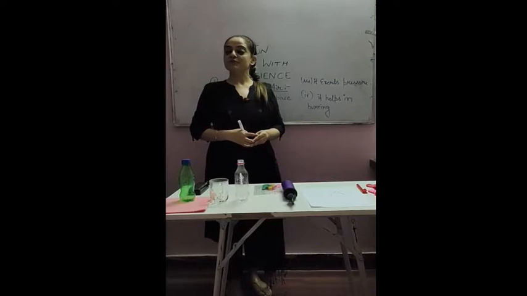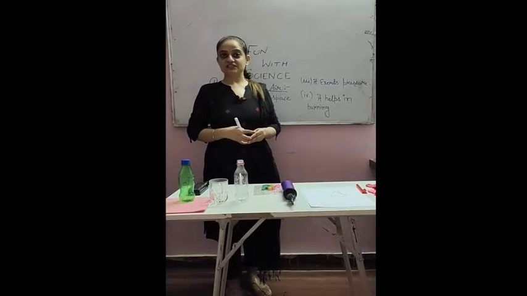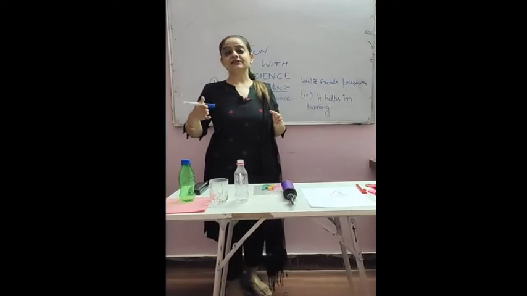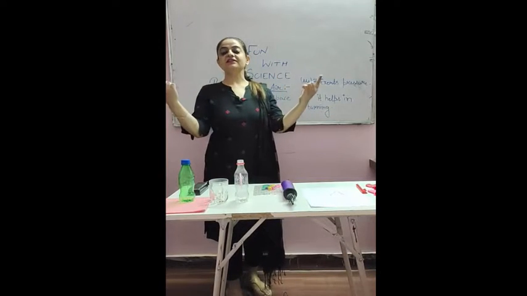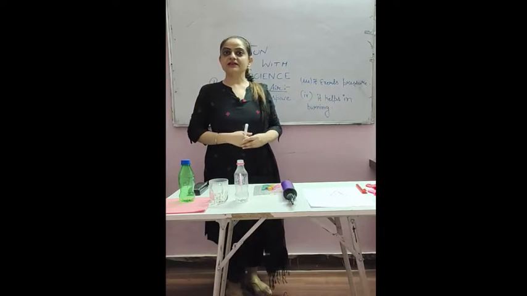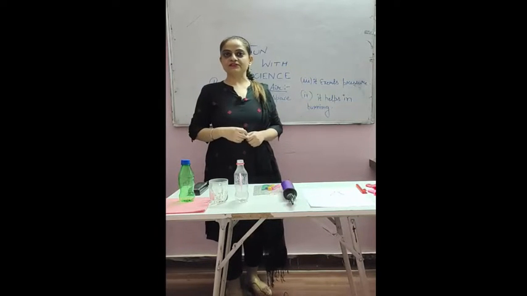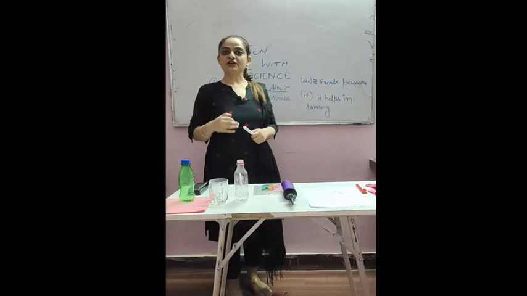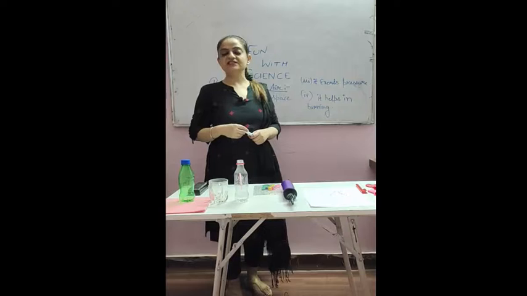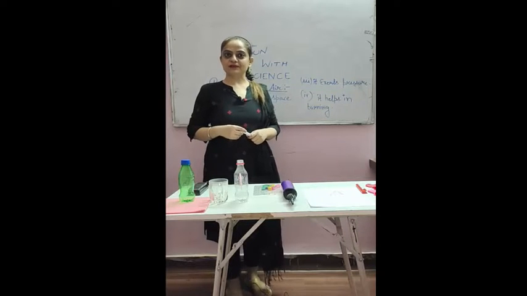Air has one more important property, which is that it exerts pressure on the things present all around us. This is one of the most important properties, which helps us in doing various things. So one by one, we will show all these properties with the help of simple experiments.